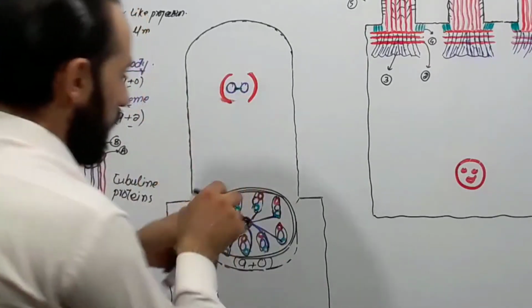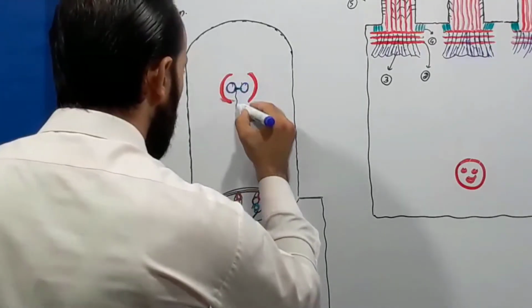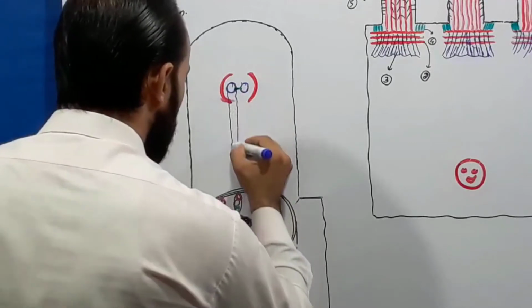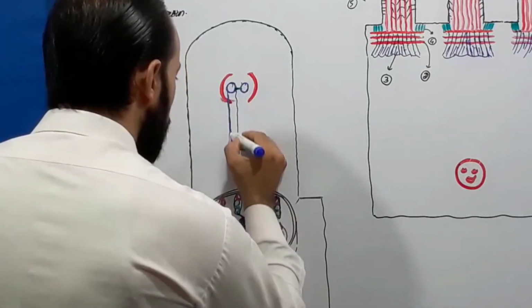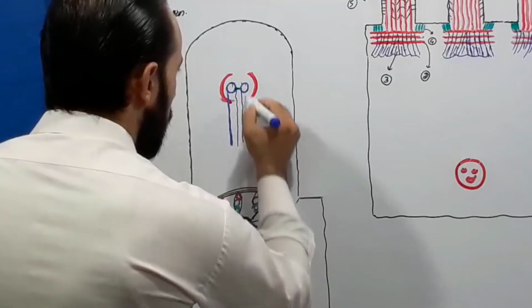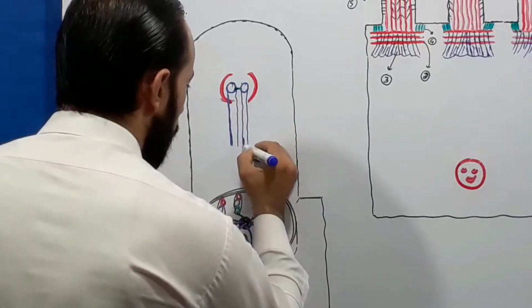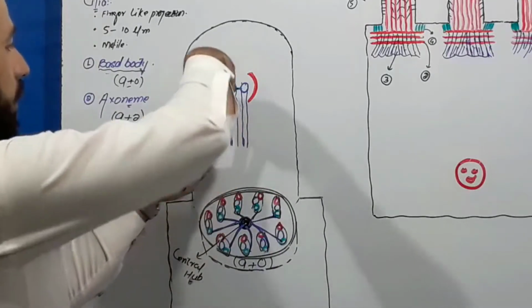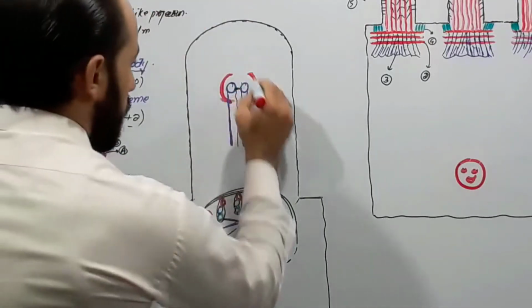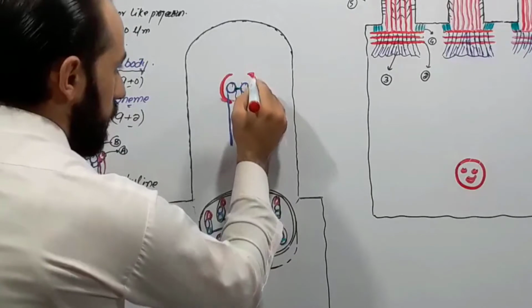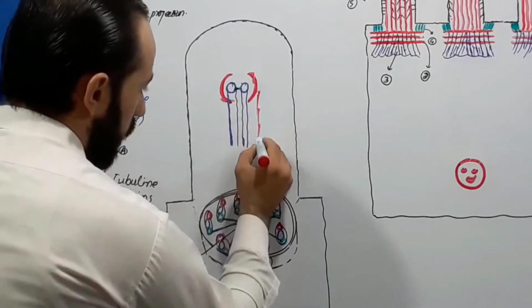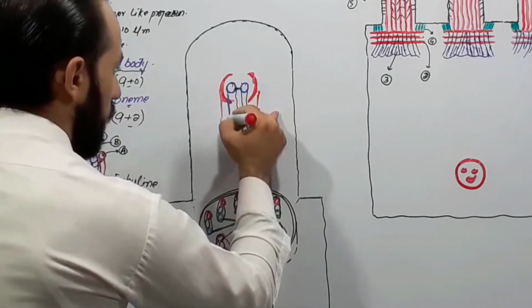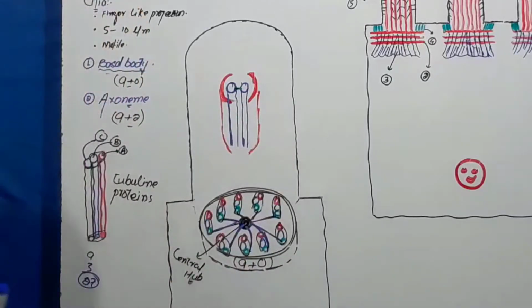So these doublets are the long protein filaments, nothing else. Don't forget that these are the protein filaments, my friends, right? And they come from downward to upward, and they are surrounded by this sheet which is called the central sheet, which is around these doublets like this, right?